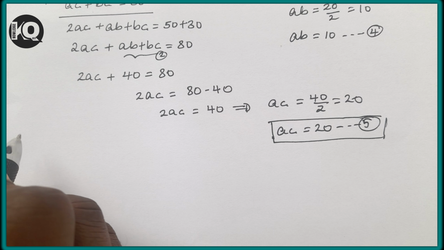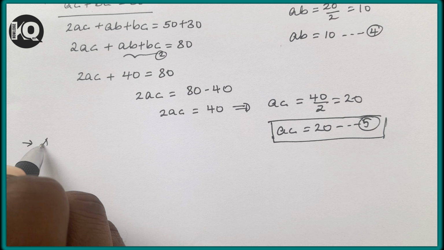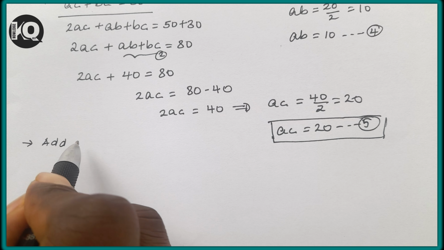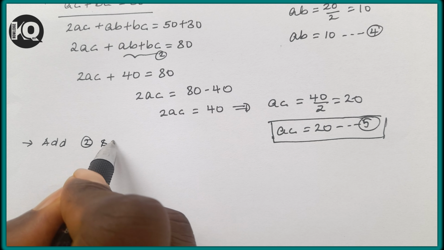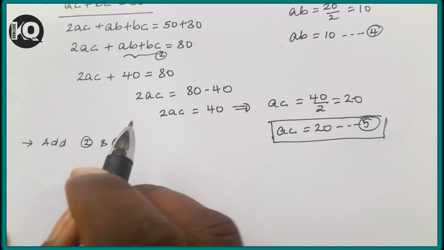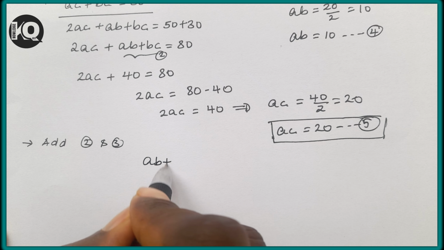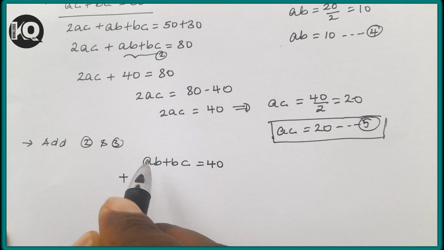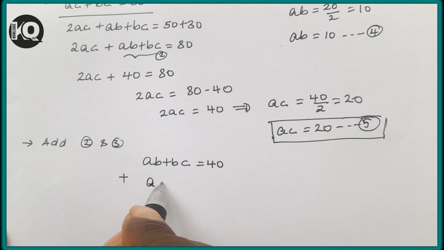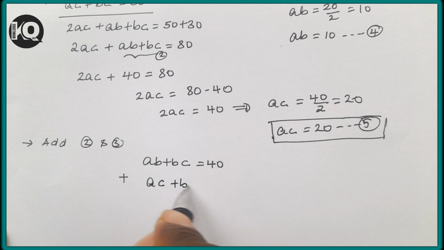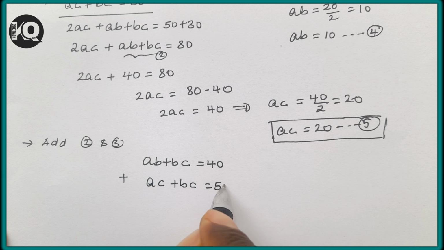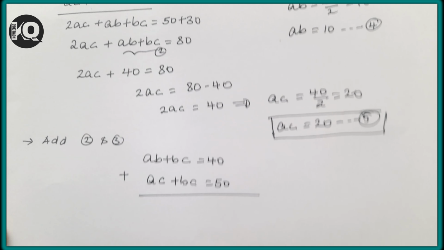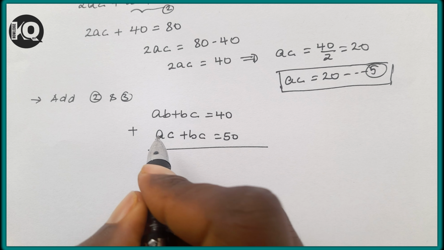In the next step, let's add equation 2 and equation 3. From equation 2, ab plus bc is equal to 40, and from equation 3, ac plus bc is equal to 50. Let's sum these up.